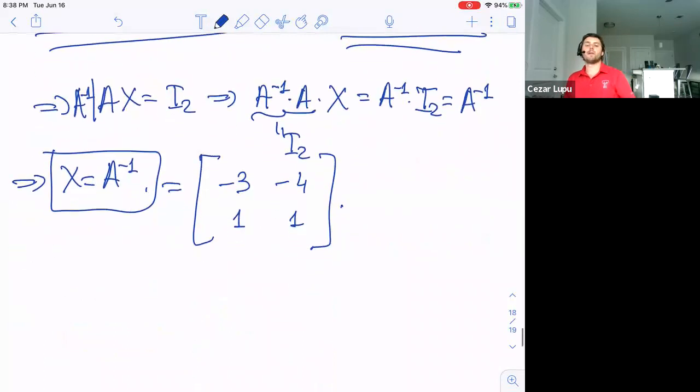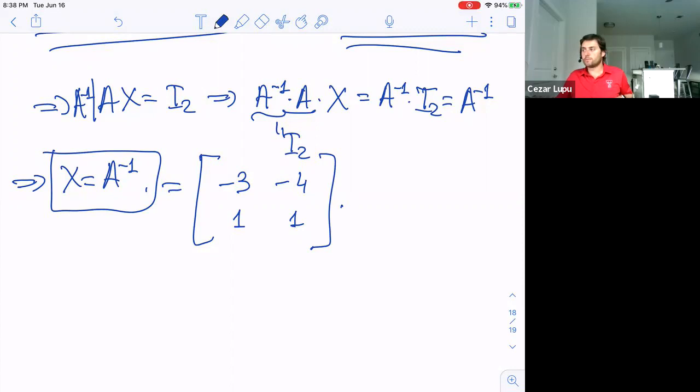Wow. Not very practical, isn't it? And imagine that we're lucky here because we only had a 2 by 2 matrix. Imagine if we have a 3 by 3. We'll go nuts if we have a 3 by 3.